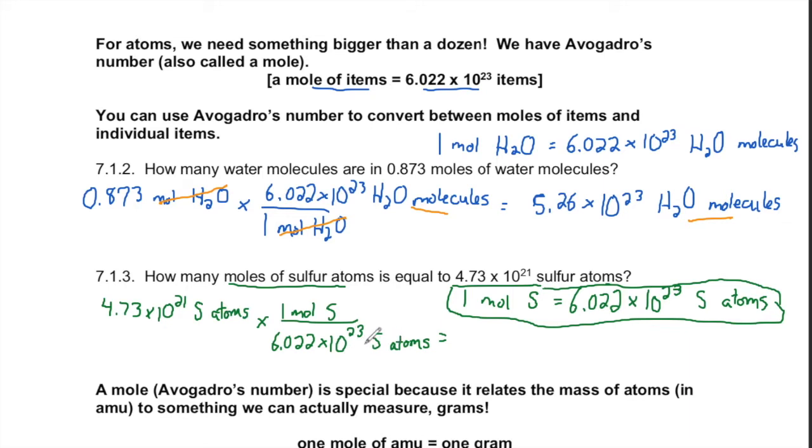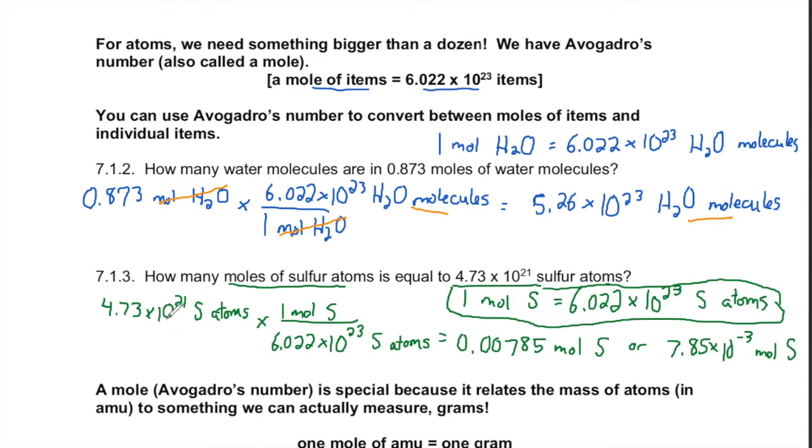So this time we want the sulfur atoms and Avogadro's number on the bottom, and a mole of sulfur will be on top. We come out with an answer that's less than a mole of sulfur, because if you think about it, we have less than 6.022 times 10 to the 23rd sulfur atoms. 10 to the 21 is less than 10 to the 23rd.